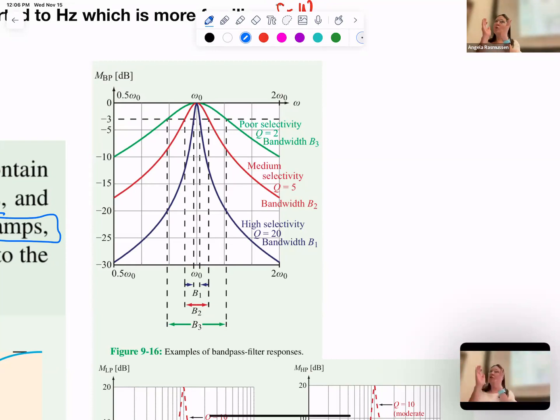Usually for a band pass, you want a very narrow band region, so you want that really high selectivity. And so you want a higher Q, which is the selectivity of it.